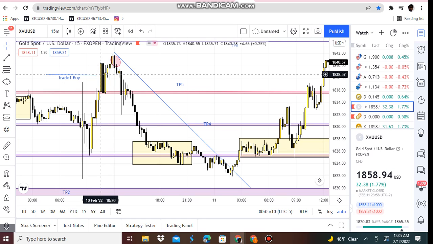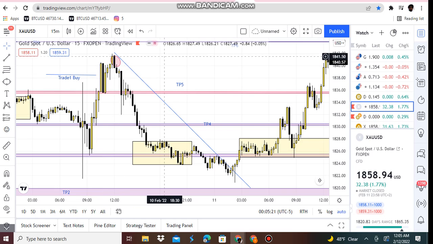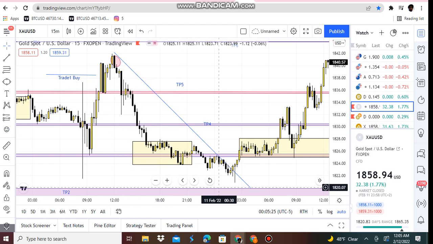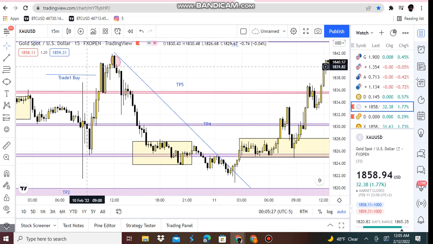You're trying to risk most of your money, your whole account, in one trade, and price goes against you because you're over-risking.